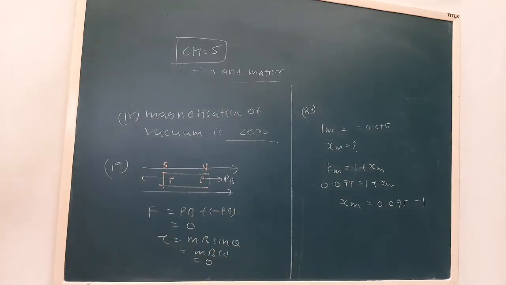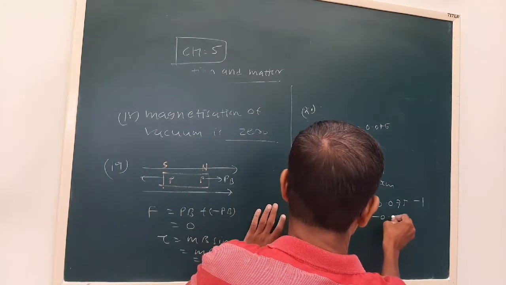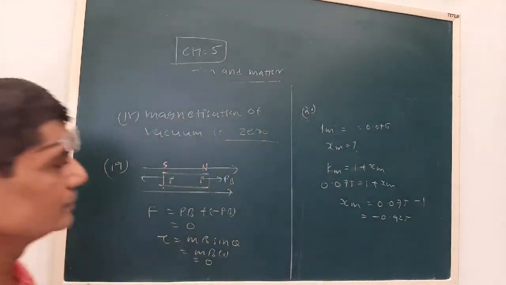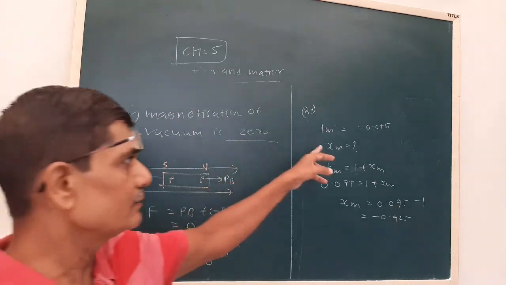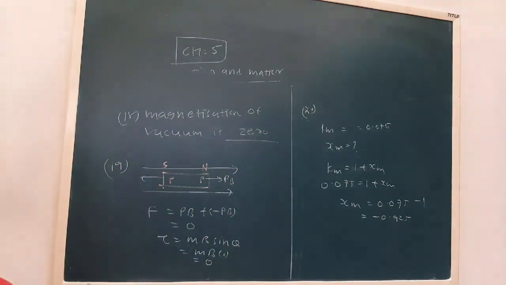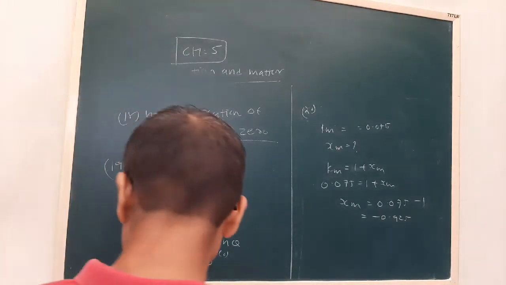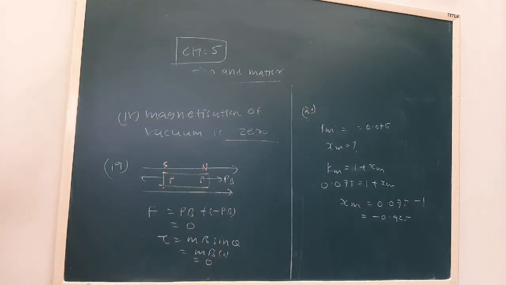Okay, that is a relation we should know. Here Km is given, chi we have to find out, chi m or chi are the same. So we can obtain the value of magnetic susceptibility.